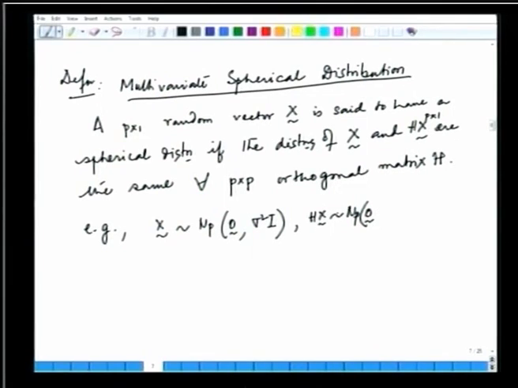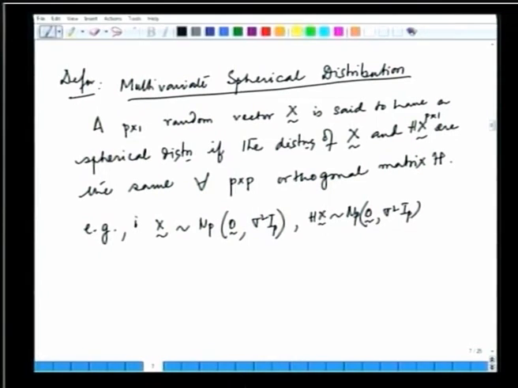Now, H being an orthogonal matrix gives you back sigma square I_p in both cases, obviously. So, we have this X following this type of multivariate normal distribution. This is a case of a multivariate spherical distribution.